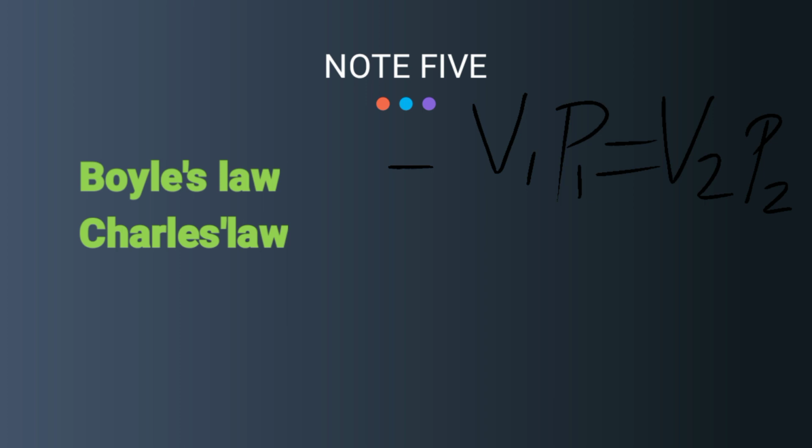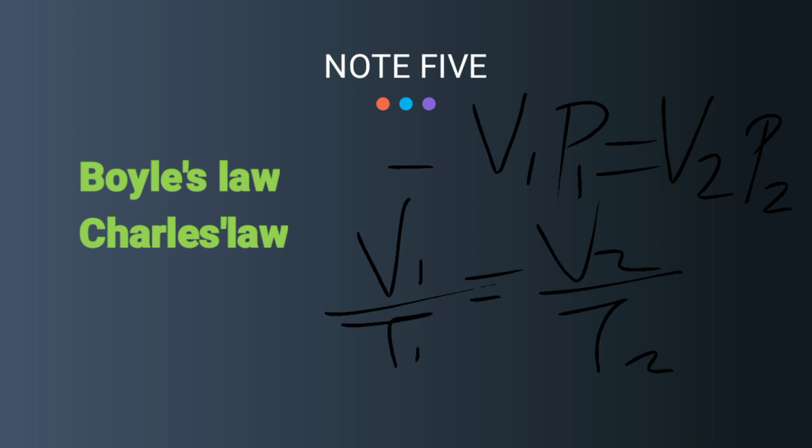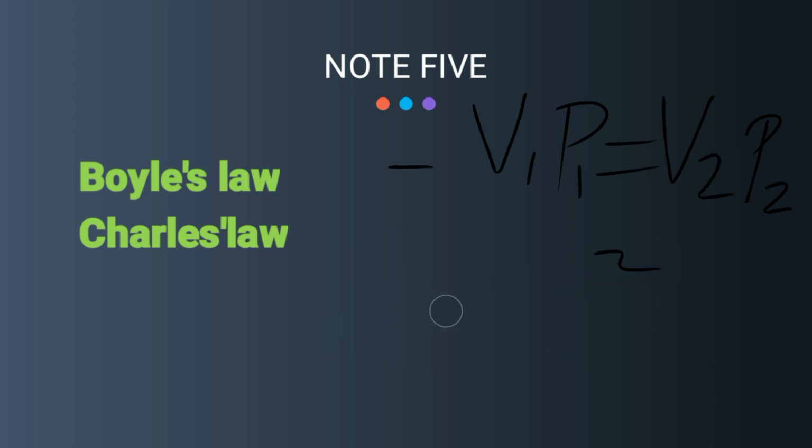For Charles' law, you do the same thing. Our Charles' law will be V1 over T1 equals V2 over T2. Don't change anything, please, I urge you. Please make use of your calculator. Don't use your brain alone to solve this. I believe God will help you.